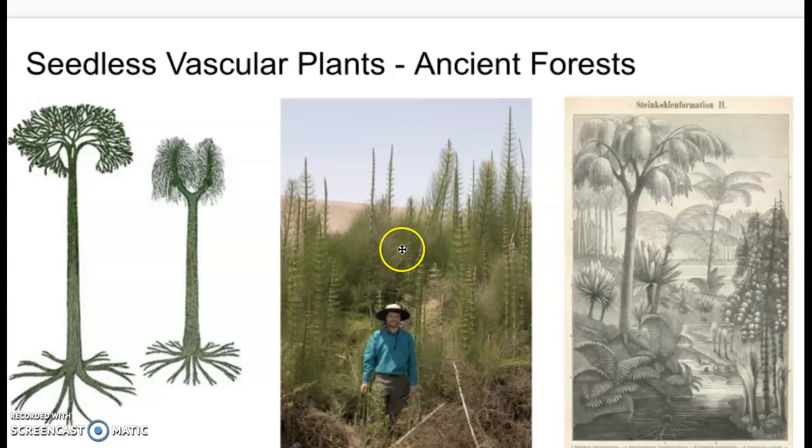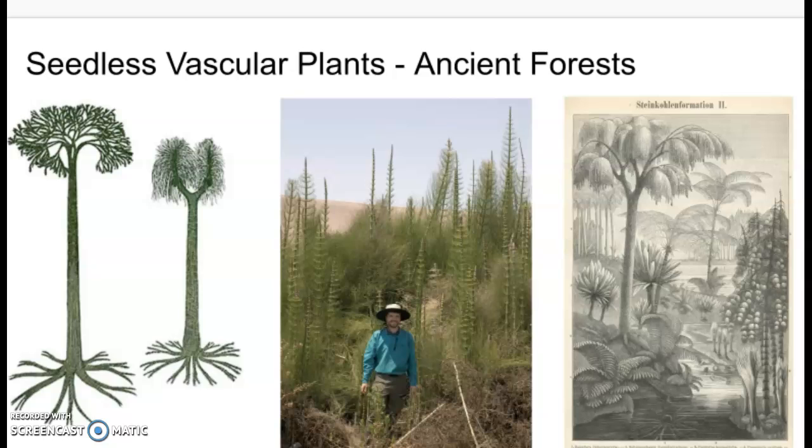Now, if you go outside, you would see first of all a huge diversity of life. You would see some seedless vascular plants, but the majority of the plants and trees that you see today would be actually seeded and flowering. So they're no longer the ruling plant of the planet.